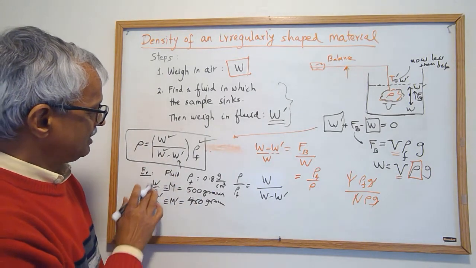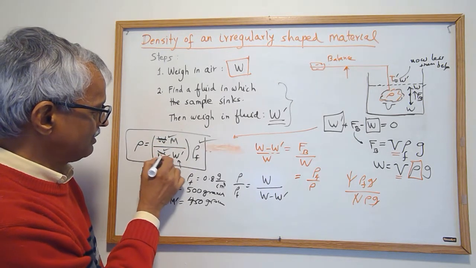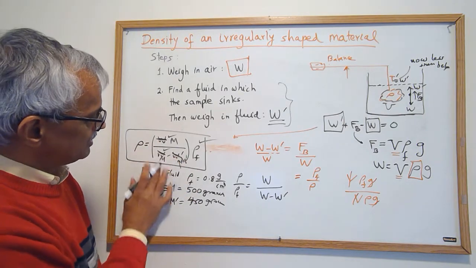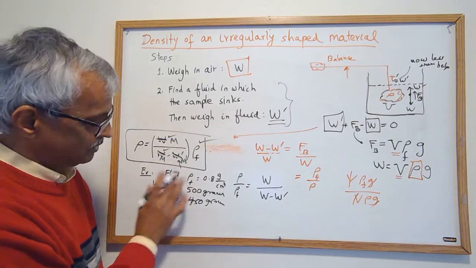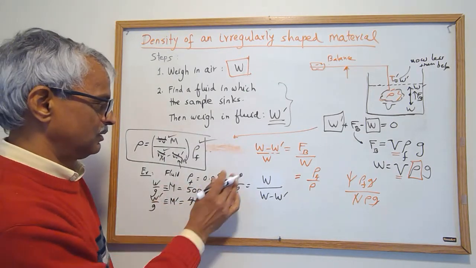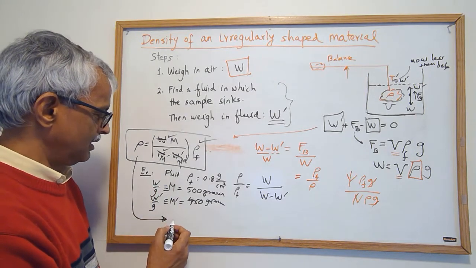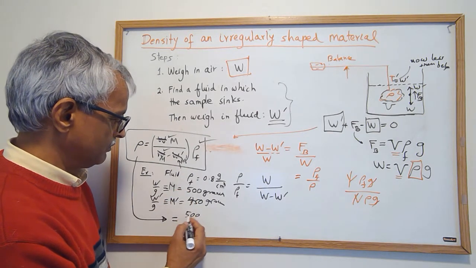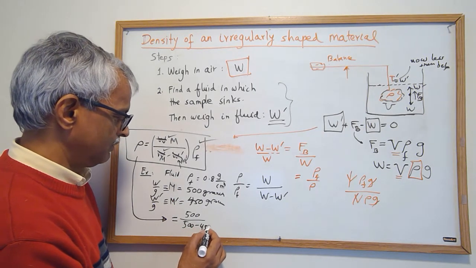Now you can see that the g will all cancel from here. So this can be mass in air. So you can actually use this in the units that are provided here, because I don't need to convert any of those things. I don't need to multiply by g, convert gram into kilogram, etc., because of these ratios. Now, when I put these things in there, rho will be mass in air, which is 500, minus 450.